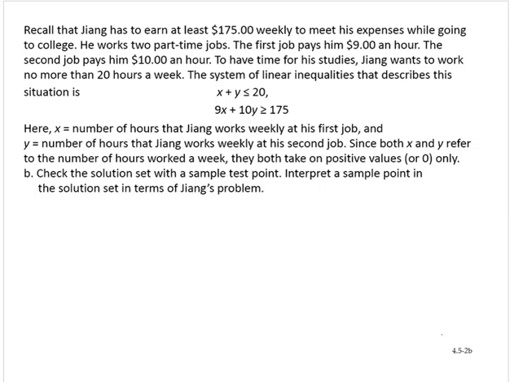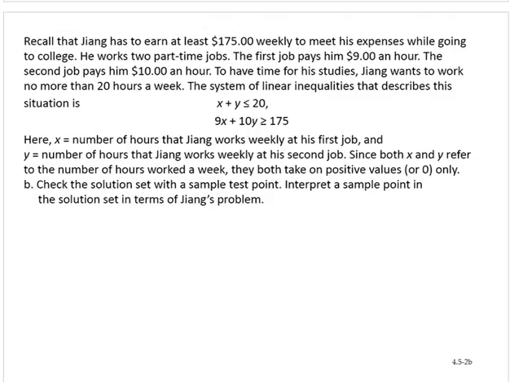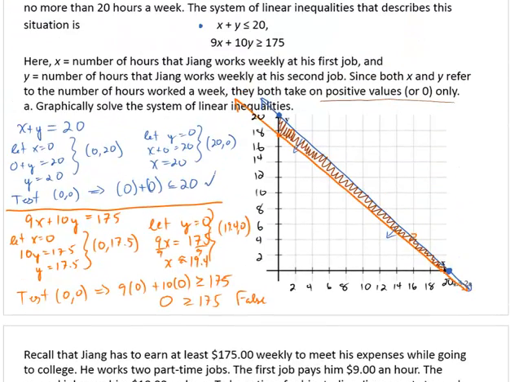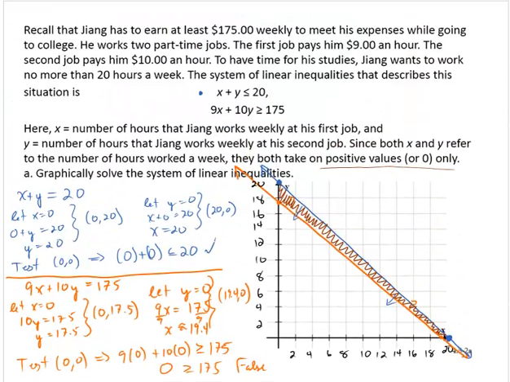Now we're asked to check the solution set with a sample test point and interpret the sample test point in the solution set in terms of Jang's problem. Alright, so let's go back to the graph and find a test point. I'm going to use this point right here, it looks to be (10, 9).